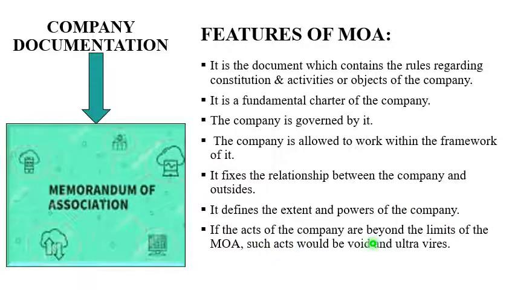If the acts of the company are beyond the limit of the Memorandum of Association, such acts would be void and ultra vires. If any company does any work beyond what is mentioned in the Memorandum of Association, then whatever act of the company it is will be void. That is counted as ultra vires.